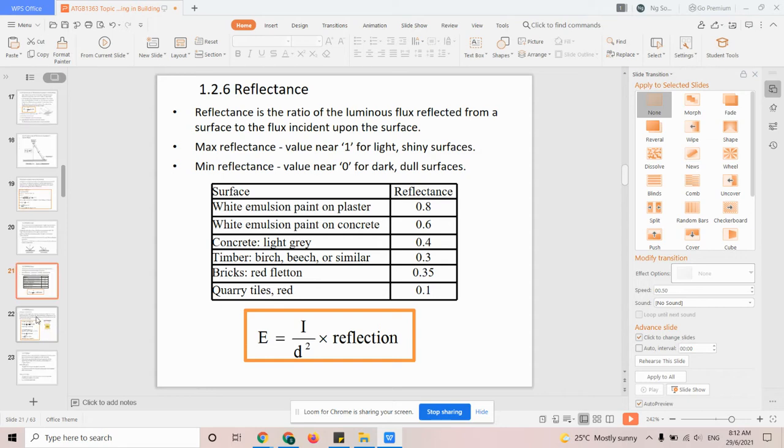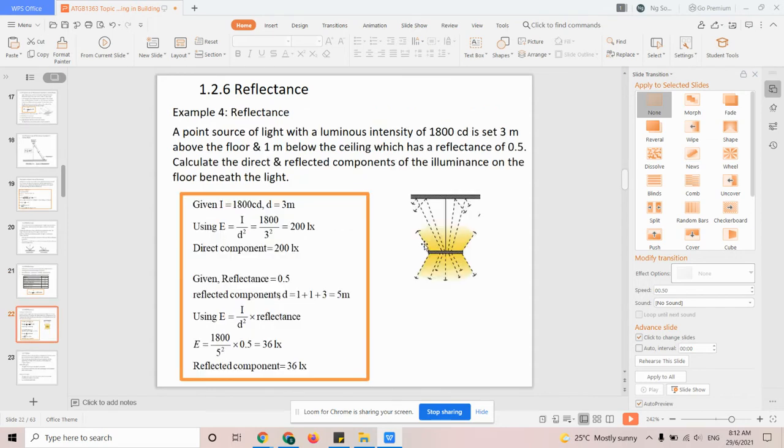When it comes to an example of calculation, in this example 4, we are given a point source of light. This point source of light is hanging away from the ceiling. When we have a point of light hanging away from the ceiling, and it's exposed, you will get a direct and indirect component.